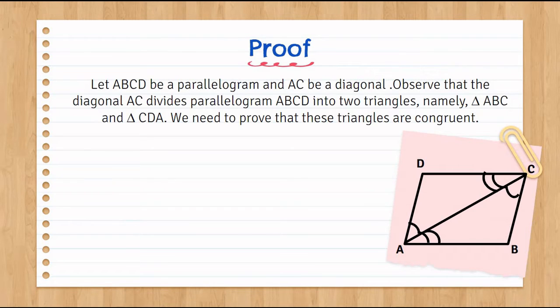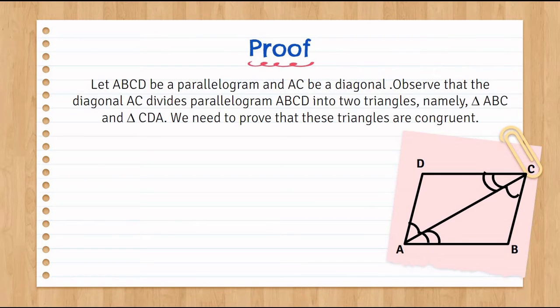You have already learned in the previous chapter on triangles how to prove congruency. There are three main types: SSS congruency, SAS congruency, and ASA congruency. There is one more type, RHS congruency, which almost comes under SAS congruency.